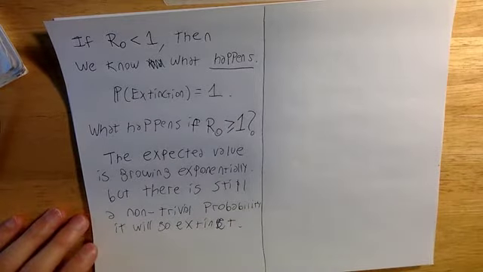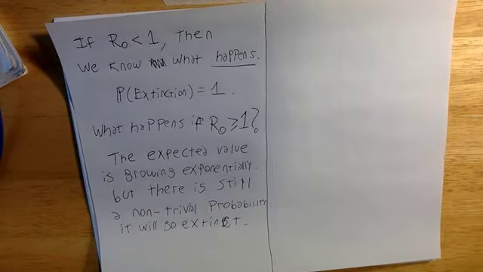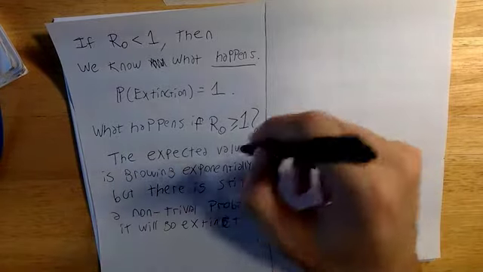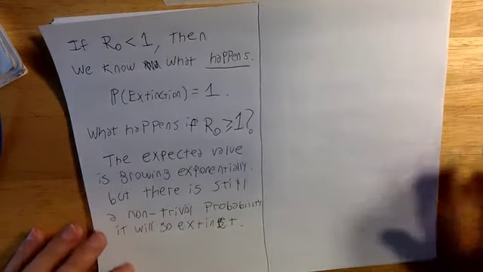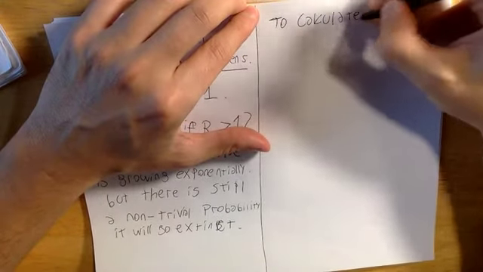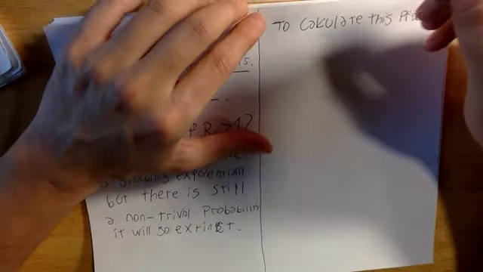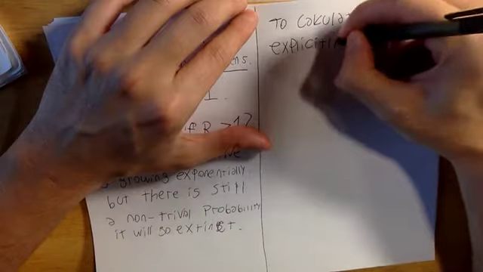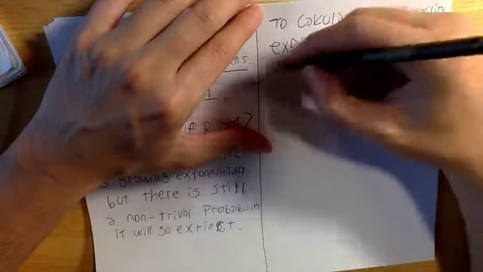The point is, in a place like Brazil, we clearly have an R0 bigger or equal than 1, but we could actually be lucky and see that the virus disappears all of a sudden just because of these probabilities, because there is a chance that this virus will go extinct if this R0 is controlled within some range. So to calculate this probability explicitly, we will need the generating function.